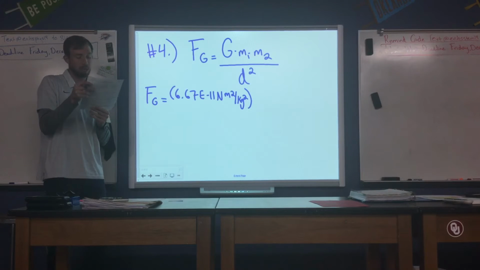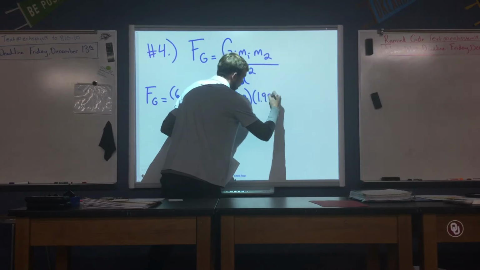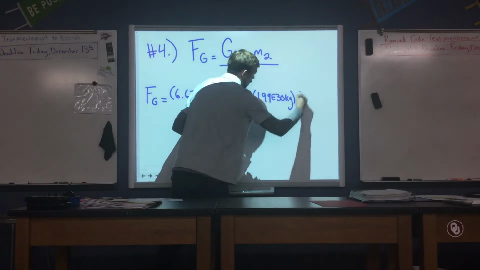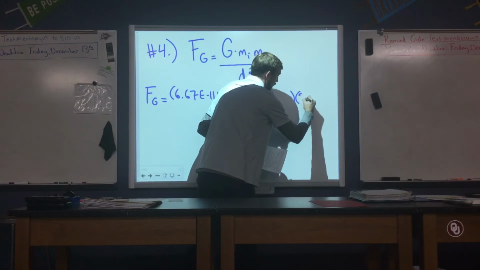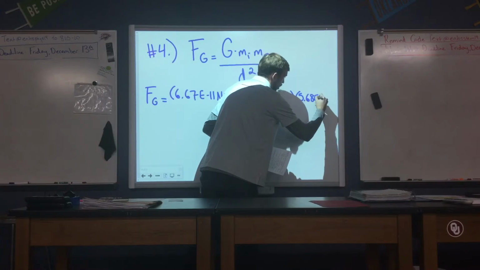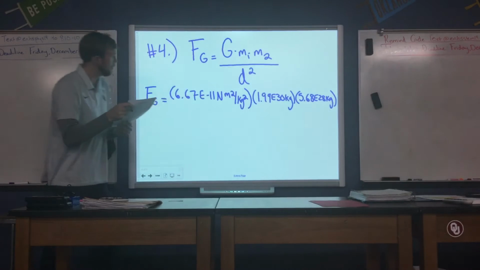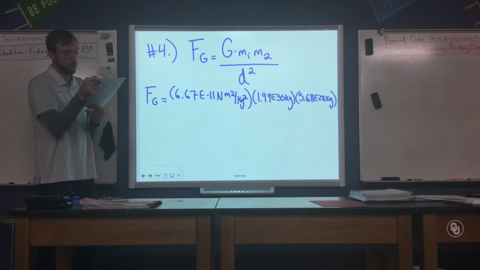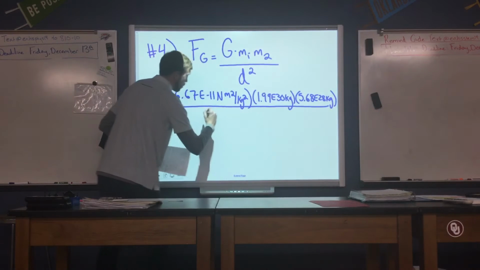I'll go with the sun's mass because it's the first one given to us: 1.99 times 10 to the 30th kilograms. And the mass of Saturn, 5.68 times 10 to the 26th kilograms. And then we have the distance between our objects, center to center, which would be 1.43 multiplied by 10 to the 12 meters.